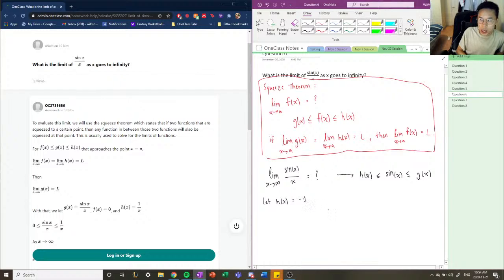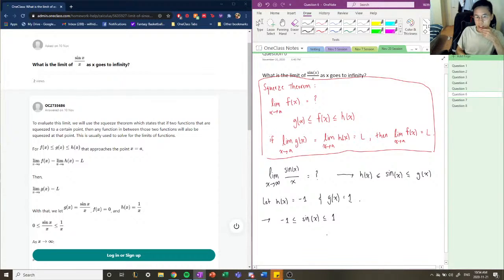We're going to make h of x the most simple function, -1. It does not change, it's just constant. And g of x, let's make it equal to 1. Let's see if our inequality holds here. Therefore, we'll have -1 less than or equal to sine of x and less than or equal to 1, okay?